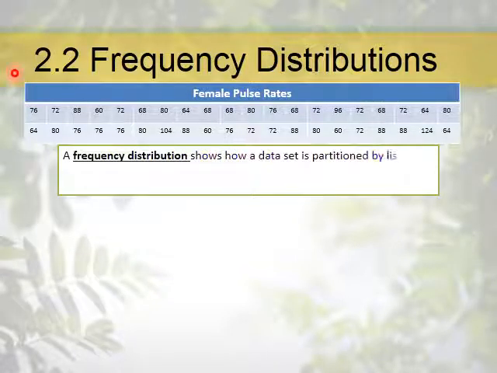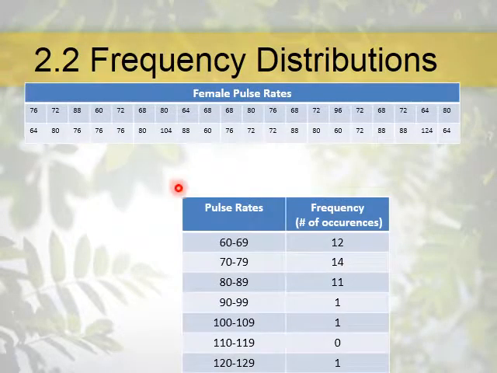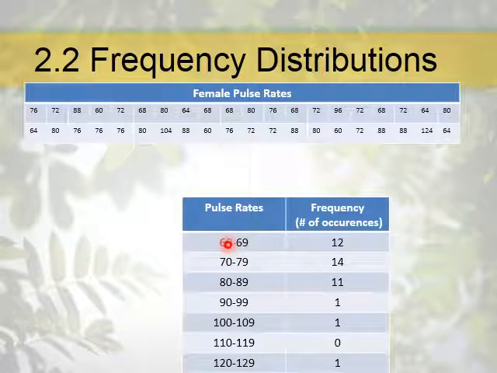A frequency distribution will show how the data set is partitioned by listing all the categories for that data and how many values are in each category. So I'm going to take all this data and split it up into these categories. My first category, for example, is 60 to 69.